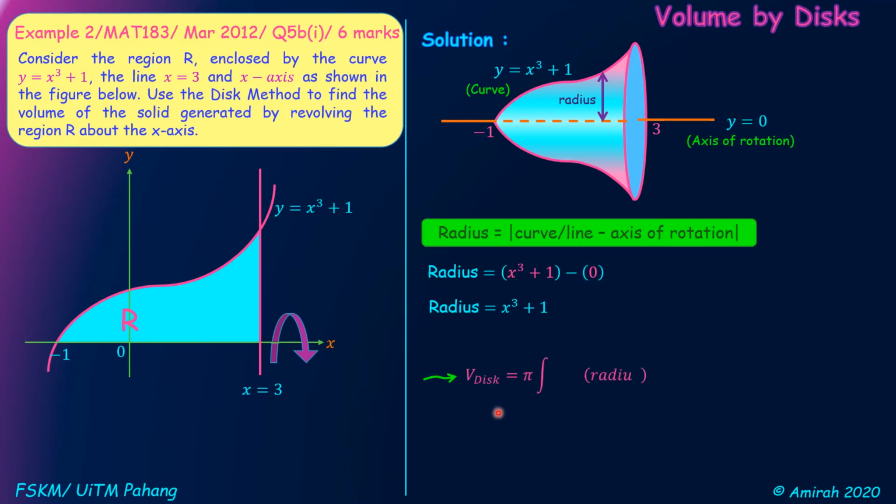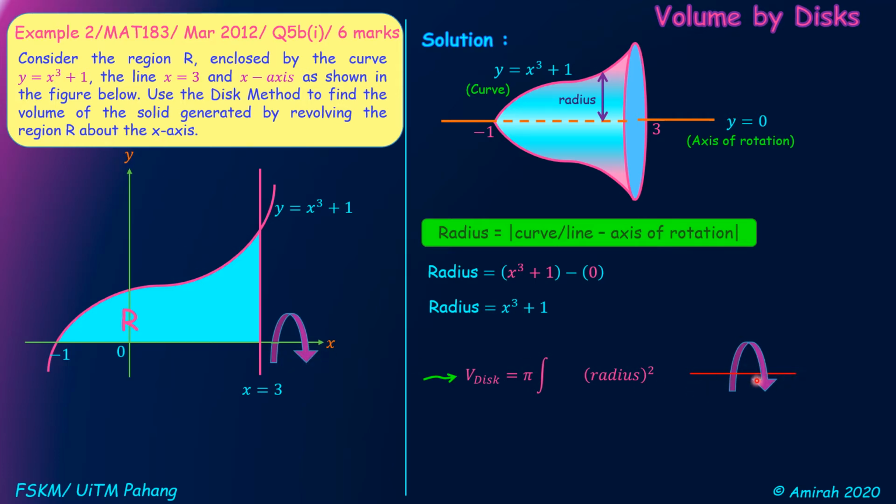Then we can set up the volume by disk formula. Volume by disk equals pi integration of radius squared. Our axis of rotation is the x-axis, which is a horizontal line.